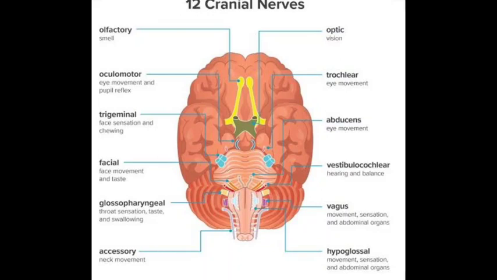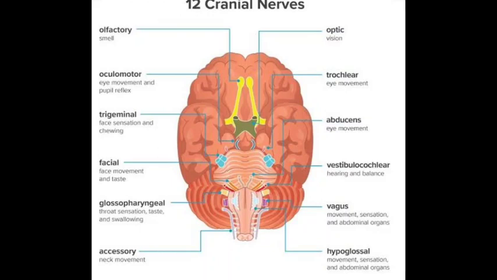The second cranial nerve is oculomotor, that is controlling the eye movement and pupil reflex. Next one is trigeminal, it is giving face sensation and chewing. Then facial nerve, face movement and taste. Then glossopharyngeal, that is throat sensation, taste and swallowing.